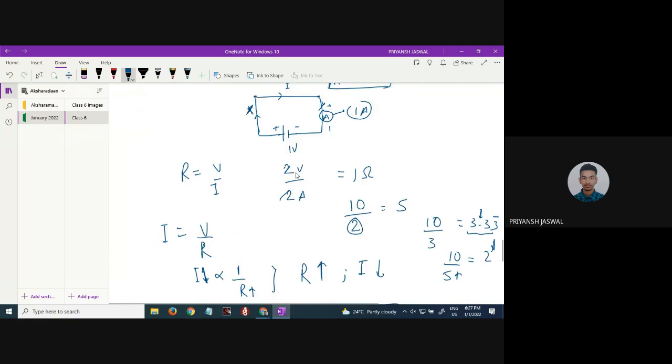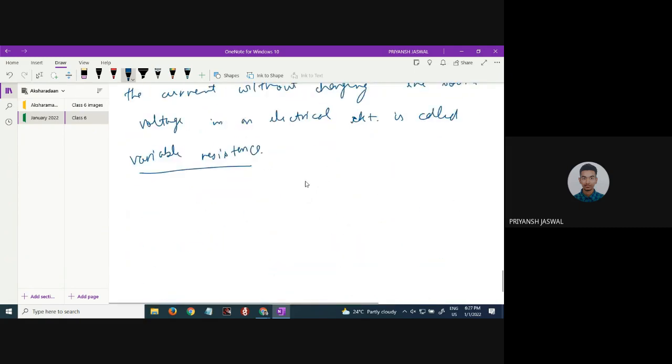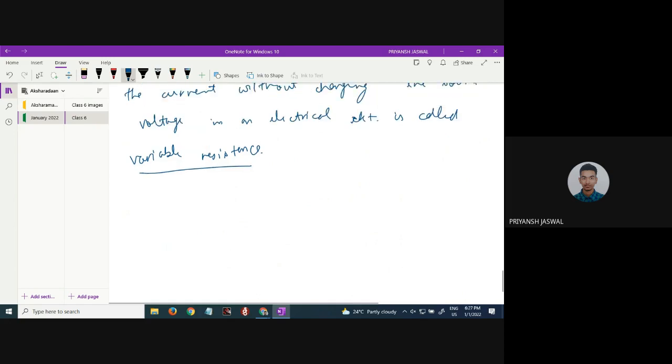The one we just studied is called fixed resistance, whose value does not change, or we cannot change it, for a given room temperature. For fixed resistance, the circuit symbol is this one, the schematic representation. For a variable resistance, the diagram is like this, or you can also make it like this.